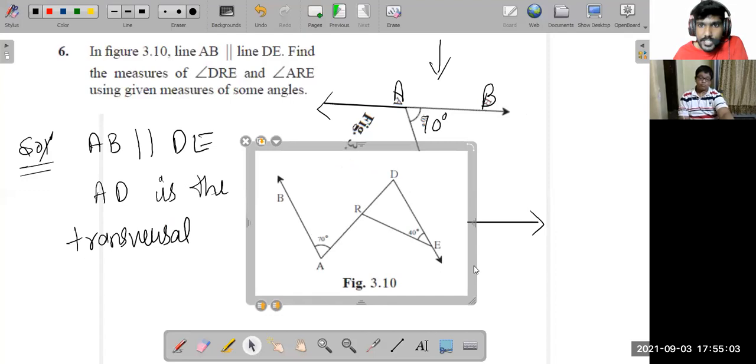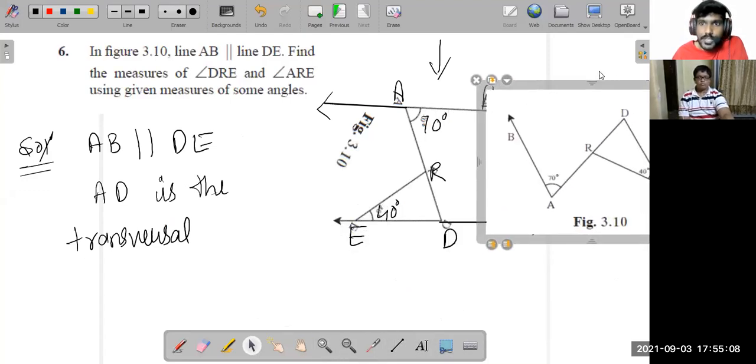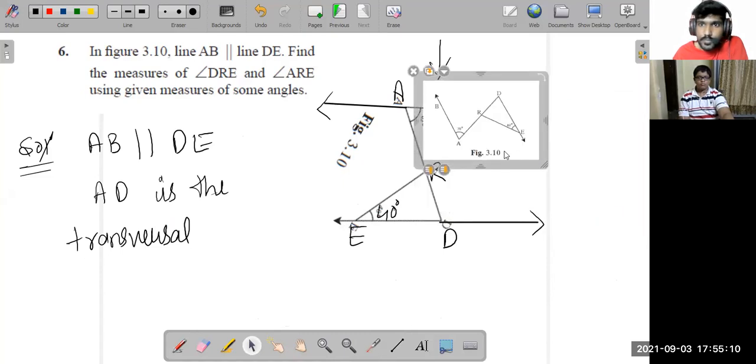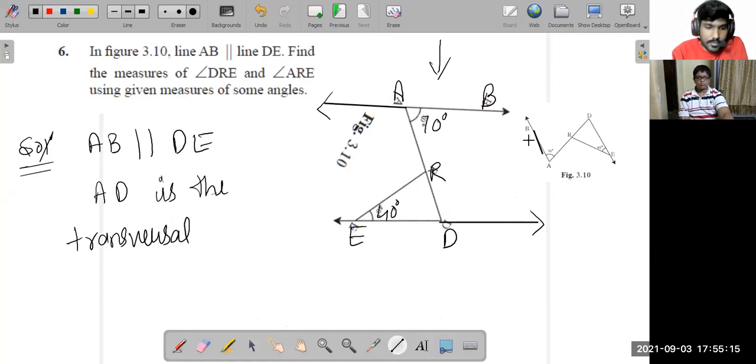It is this same diagram, but I have just tilted it because they have said AB is parallel to DE. I want to use the concept of transversal. Any confusion? No, sir.